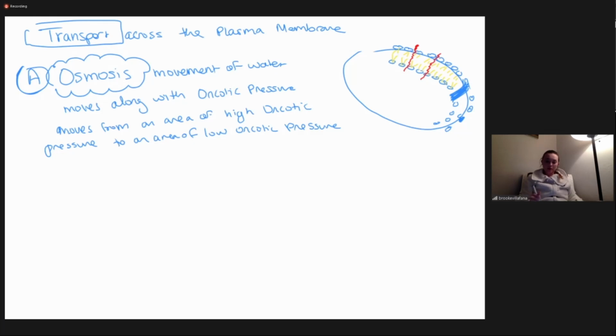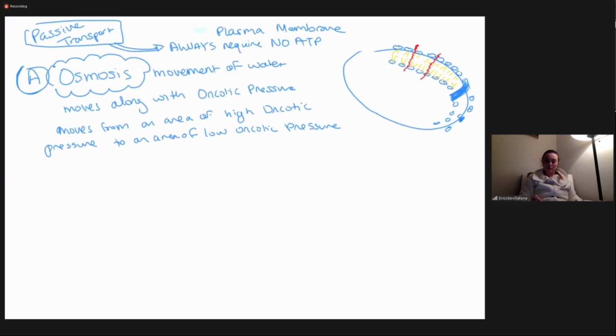And remember, this is our first example of, I didn't write this as my heading, this is our first example of passive transport across the plasma membrane. So when we talk about passive transport across the plasma membrane, these are always examples of transport that never require ATP.